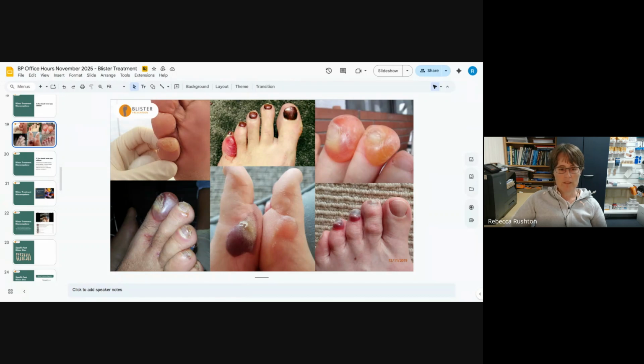So sometimes it is good to actually lance a blister, do it in a controlled environment so that we can minimize the chance of infection. It's going to depend, though, on the circumstance of the activity.